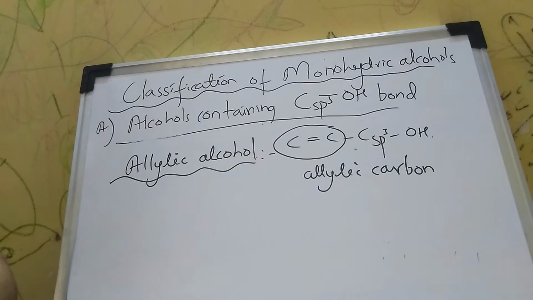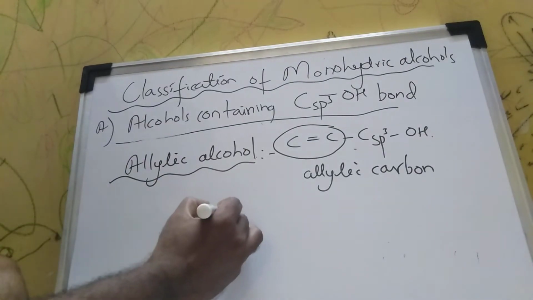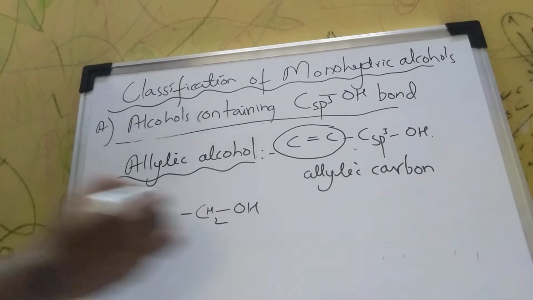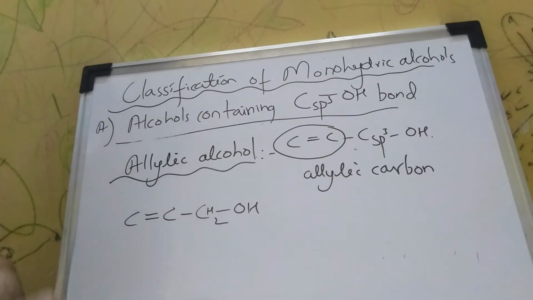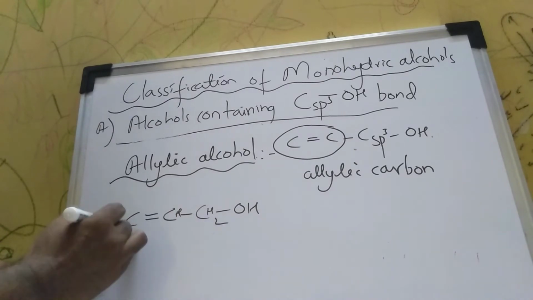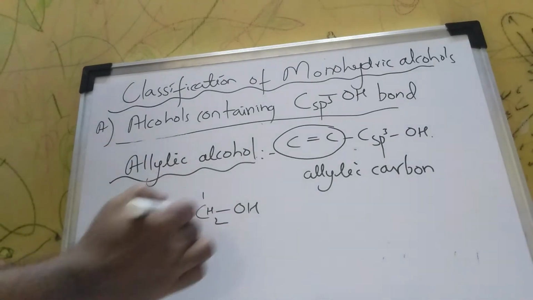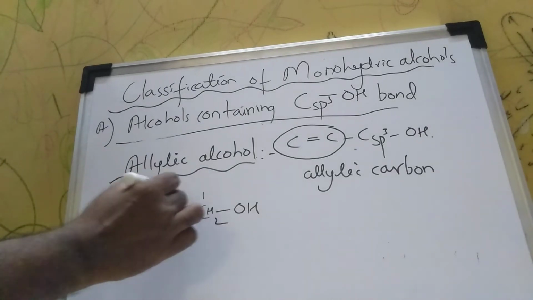Now let us take one example of that. For instance, this OH, CH2, carbon, double bond. Let's fill in the valencies: H, CH2. So these are all 3 carbon atoms, 1, 2, and 3.